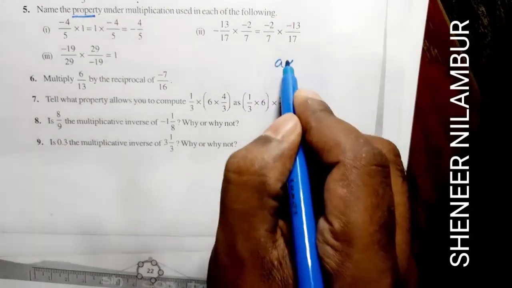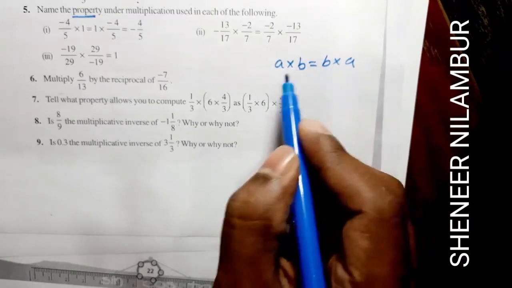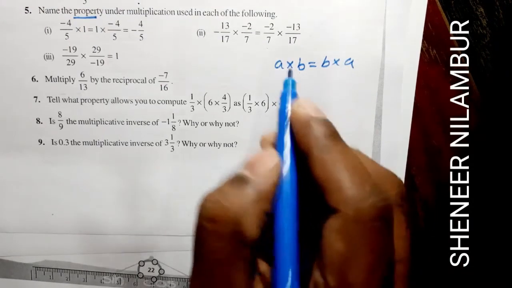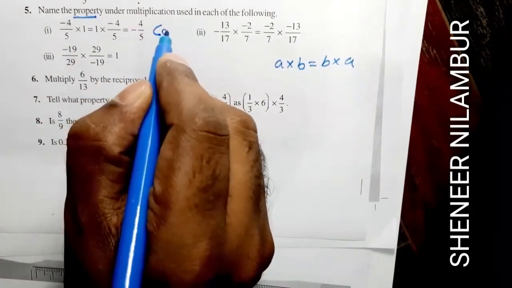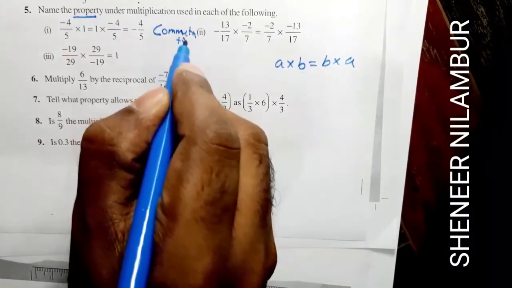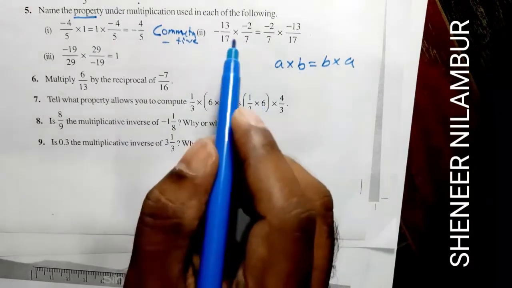We studied that a into b is equal to b into a. This order changing is known as commutative. Here which operation is used? Multiplication. So the property used here is commutative. Which property? Commutative. Commutative property is used.